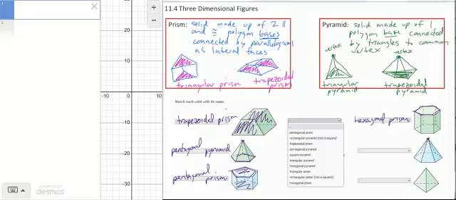Here we have a vertex, so a pyramid from 1, 2, 3, 4, 5, 6, hexagon again. And then lastly, we have a common vertex, 1, 2, 3, a triangle. So it's a pyramid with a triangular base, so a triangular pyramid. So that's the naming conventions for those solids.